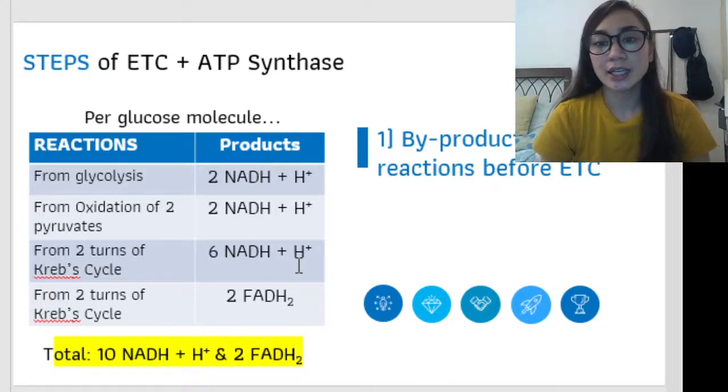So, again, ang total nitong lahat ng NADH natin plus hydrogen ion, we have a total of 10 NADH, no? And ang FADH2 natin from 2 turns of Krebs cycle, dalawa yun na produce.